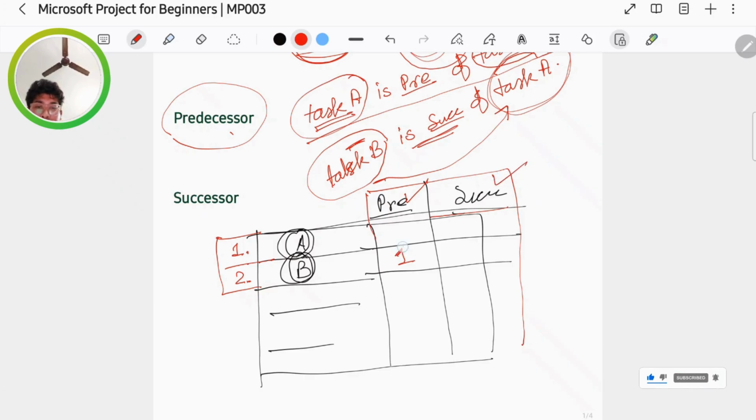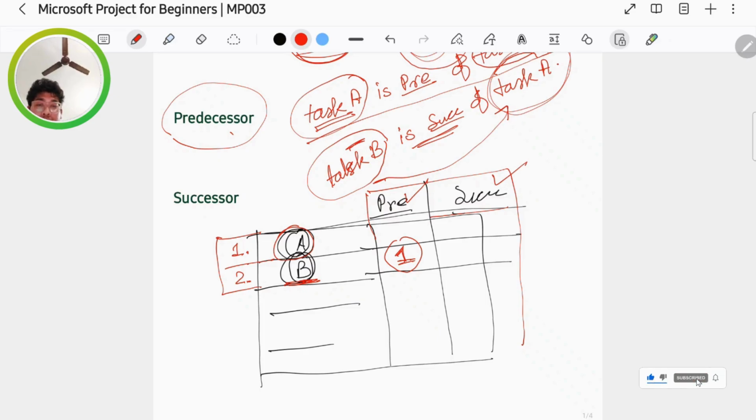In the predecessor column of task B, we put 1. Whenever we see task B, we will see that it has a predecessor 1. That means A is the number one activity, so A should be done first, and after that we can start B.